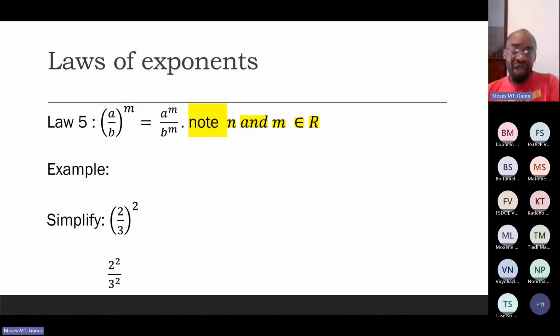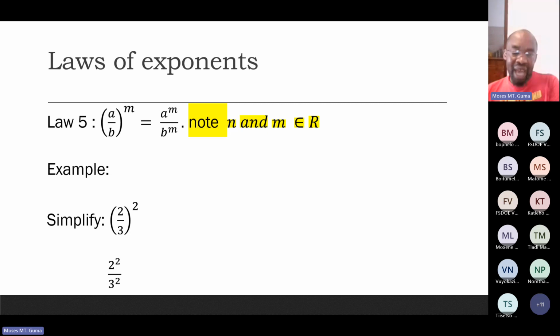Moving on. Now we have just multiplied the base and raised them to a same exponent. In this case, I am going to divide different base and raise them to a same exponent. What does that mean? It only means that go to base a, multiply the exponent of base a, which is 1, by exponent m, it would give you a to power m.